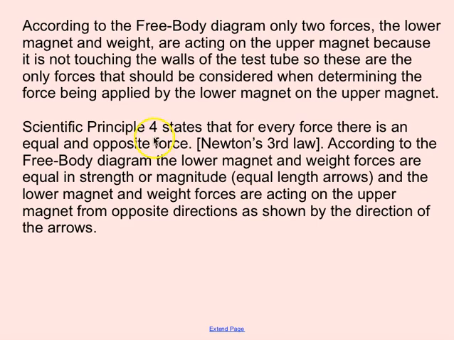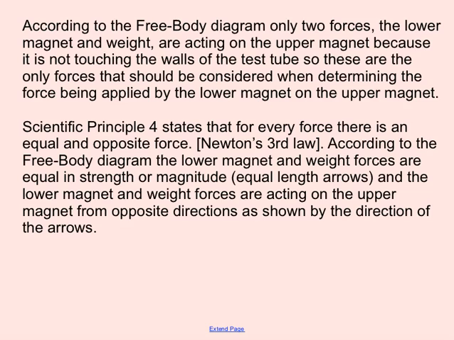But that's not the only scientific principle you can have to get a proficient. And I also talked here a little bit about how the two forces, the lower magnet and the weight, are acting on it, and they're the only forces acting on it. So that took some more of the evidence I could have had and explains why I used it, or you could have used it that way.